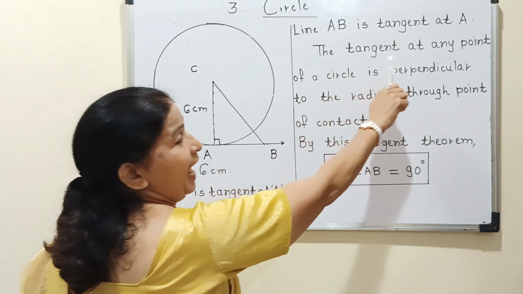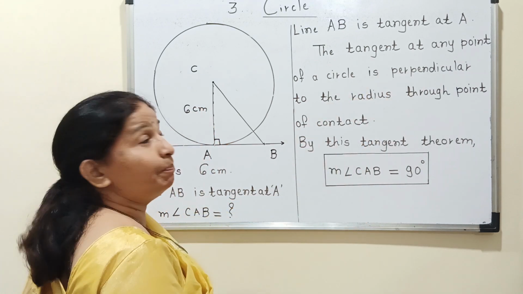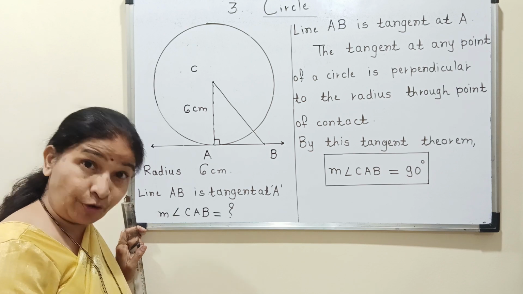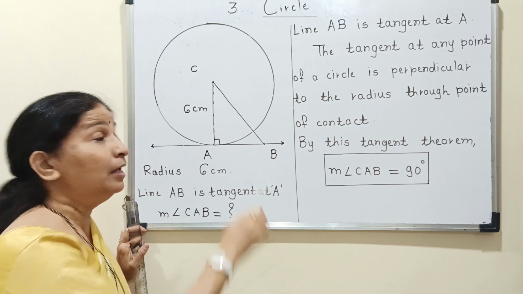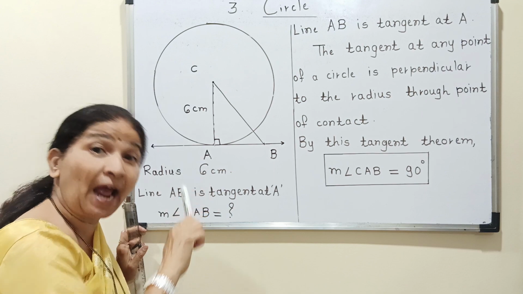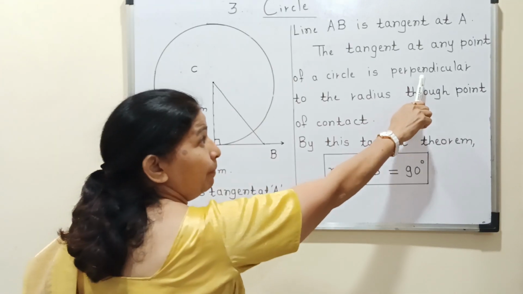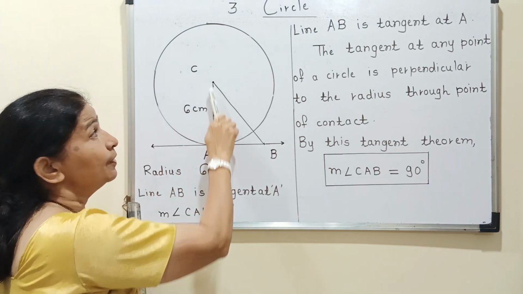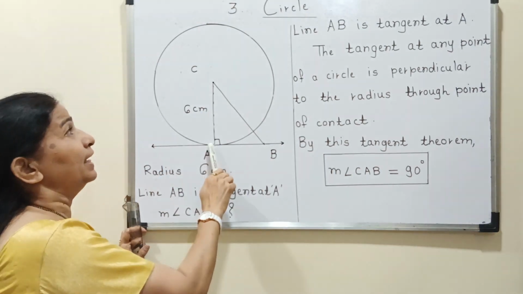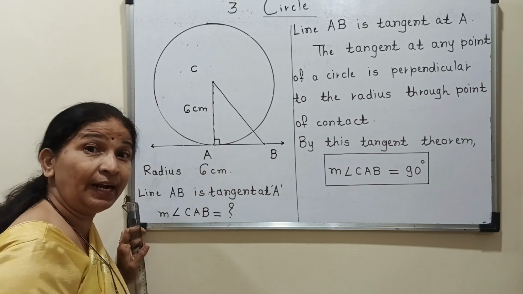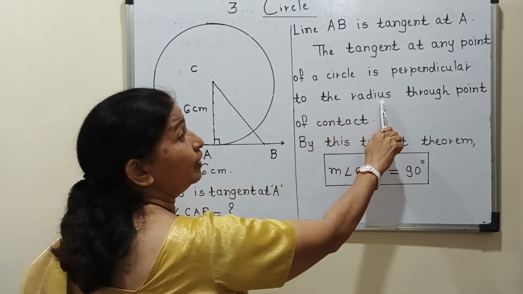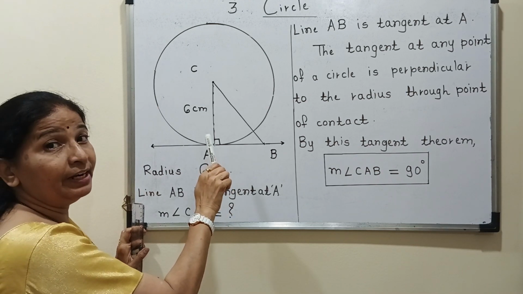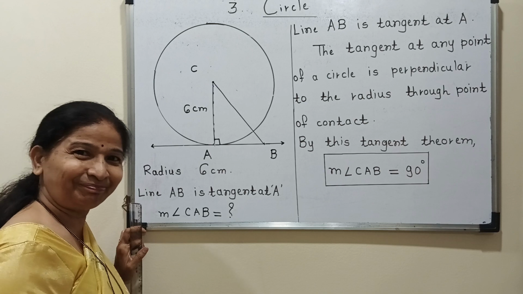Okay, so the tangent at any point of a circle is perpendicular. What do you mean by perpendicular? Means making an angle of 90 degrees. It is perpendicular to the radius. Is it a radius? Yes, by all means that AC or CA is a radius. It's perpendicular to the radius through this point of contact.